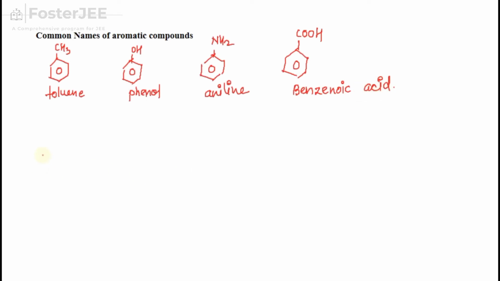Now, if the benzene ring is substituted with two methyl groups, then the name of the compound is xylene. If the second methyl group is present at the ortho position, the name is orthoxylene.